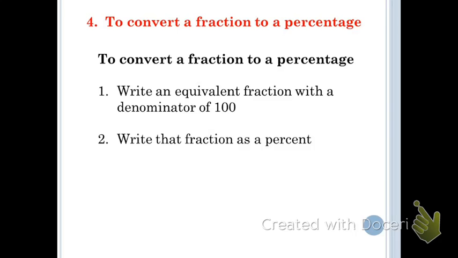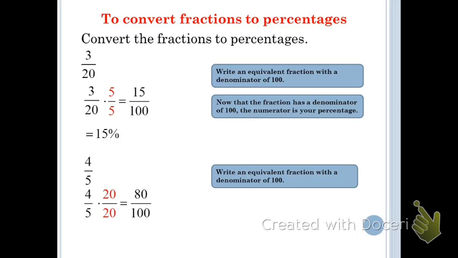To convert a fraction to a percentage, write an equivalent fraction with a denominator of 100. Write that fraction as a percent. Convert the fractions to percentages. 3/20ths. We'll multiply the numerator and denominator by 5 in order to have a denominator of 100.